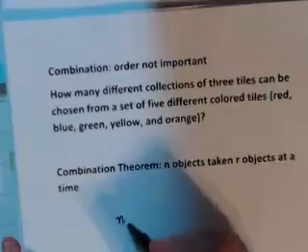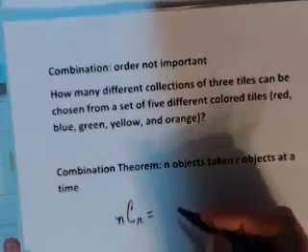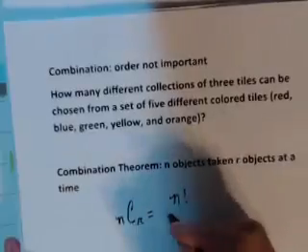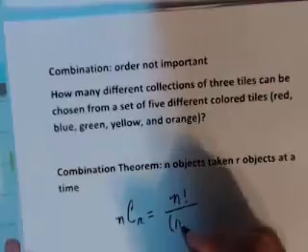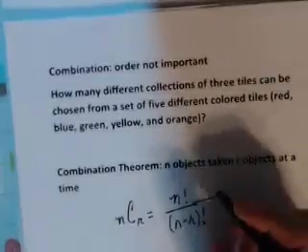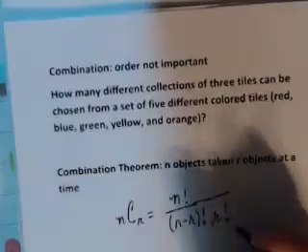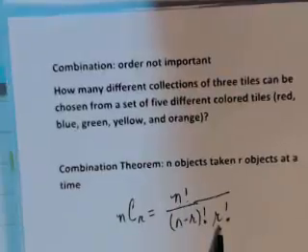You take n items, r at a time. You have n factorial over n minus r factorial times r factorial. So it's a little bit different than the permutation.